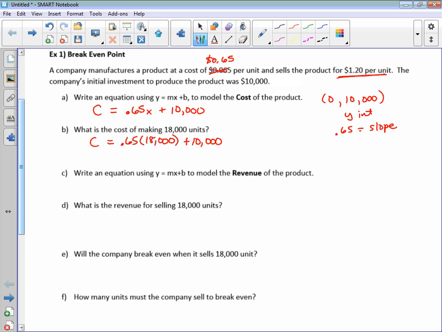So what do we get? Around 22,000, maybe like 21,700. Okay. So that's our cost, 21,700, if we make 18,000 of whatever this product is.